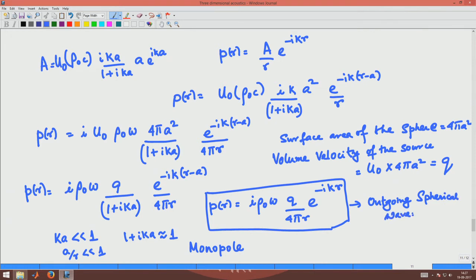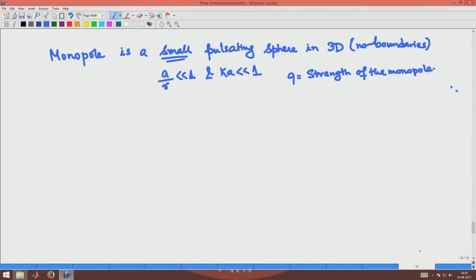We may choose to construct a monopole. This is the expression for the monopole, and please note that in this expression Q is called the strength of the monopole. The reason why this monopole source is very significant in acoustics is that, as we will show, together with the dipole, monopole and dipole can be used to represent any vibroacoustic source, and an aeroacoustic source will possibly include one more type of source, which is called the quadrupole.